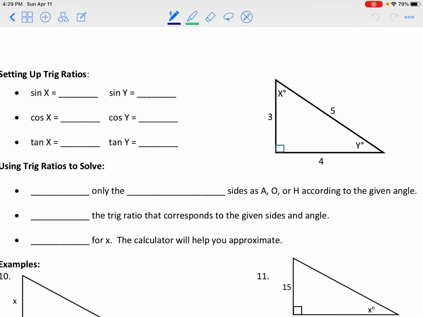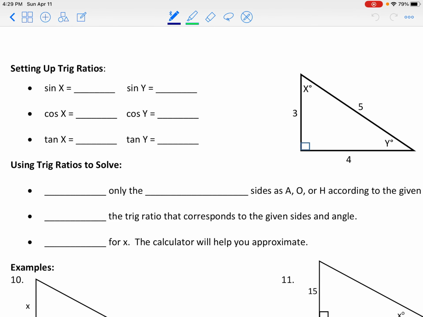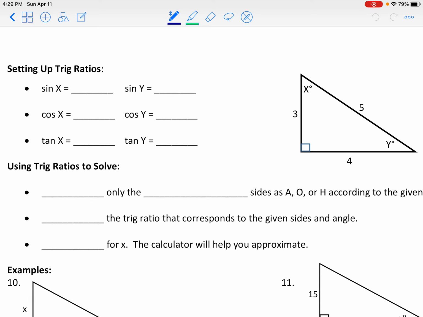So let's try to set up some trig ratios. Again, not doing anything to solve here, just so we can get the hang of the concept. So if I wanted to write a trig ratio for the sine of angle X, so angle X is right here, remember the SOHCAHTOA, this acronym is supposed to help us remember what goes with what. That's the sine of our angle.